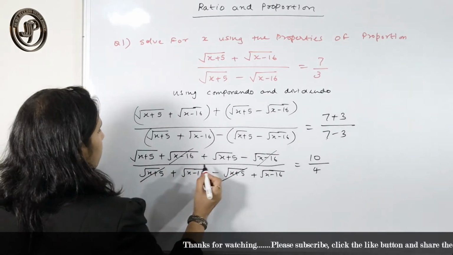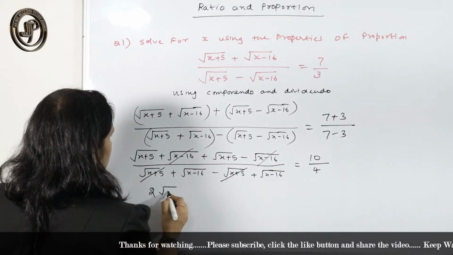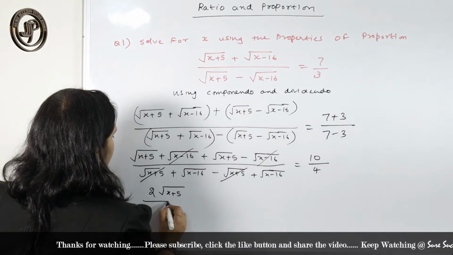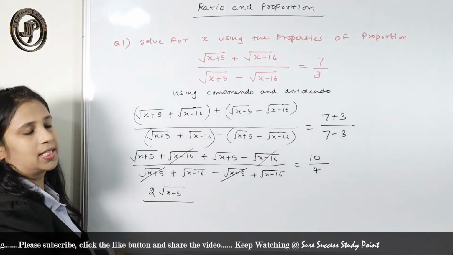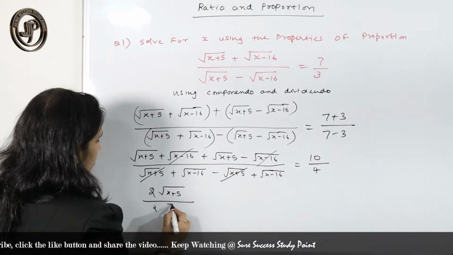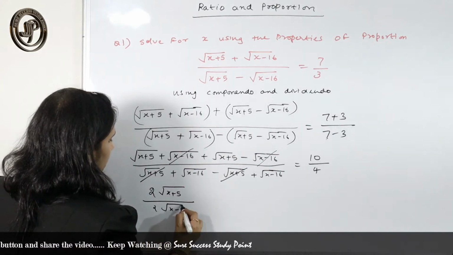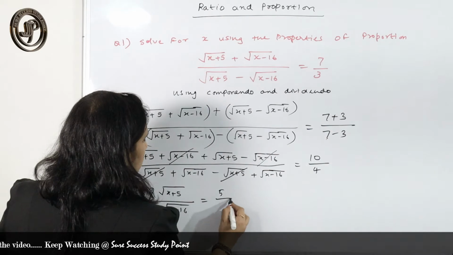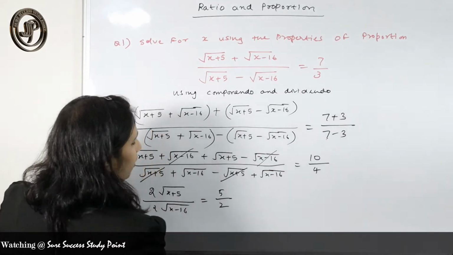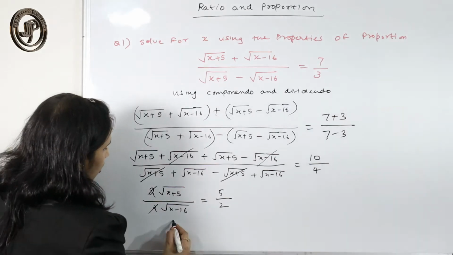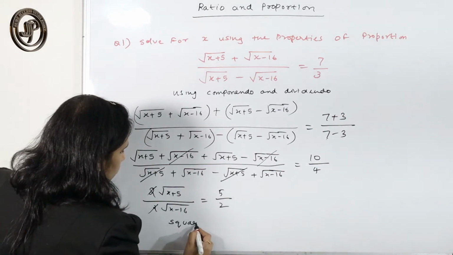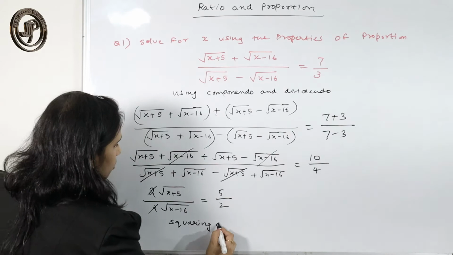Now, if you simplify, you will get 2 root x plus 5. Why? Because we know root x plus... is 2 root x. That's why. And here 2 root x minus 16, and this if we reduce, I can write 5 by 2. Now, this 2 and 2 will cancel out. Now, do squaring on both sides.